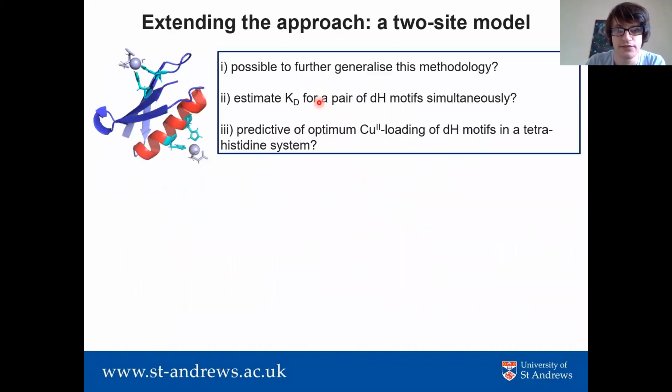And this then led us to ask the question: is it possible for us to extend this approach so that we can apply it to more complicated binding equilibria in the absence of a nitroxide-based spin label? And this has some interesting implications, because if we think about the tetrahistidine GB1 here as an example, how is one to best optimize the labeling efficiency of this construct?